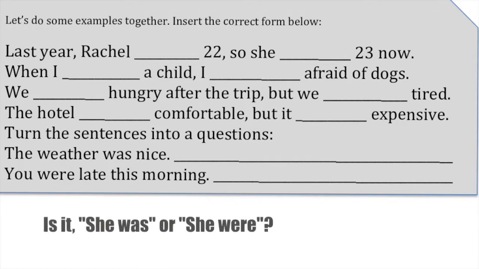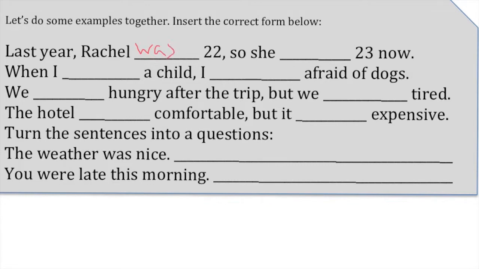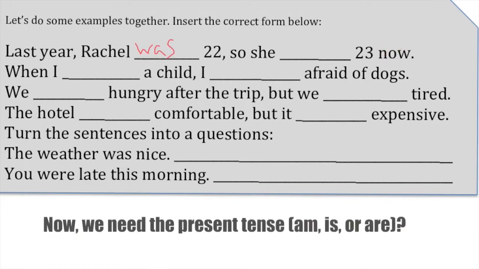You should say she, so is it she was or she were? You could say she was 22. So she, and it says now right here, so that means present tense. She is 23 now.